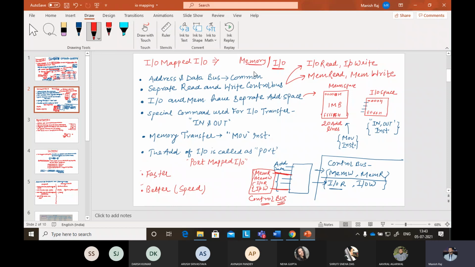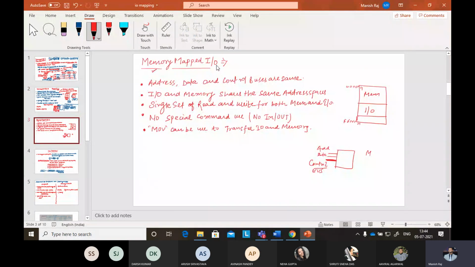In the second part, memory mapped IO, the memory and the IO are the same thing. Here you can put the memory and IO as well. The CPU is here and you are using the same buses, so there is no different part for the IO.